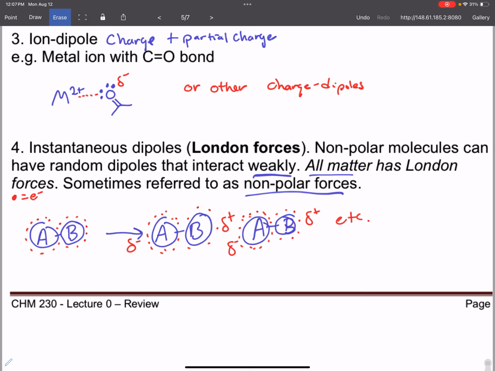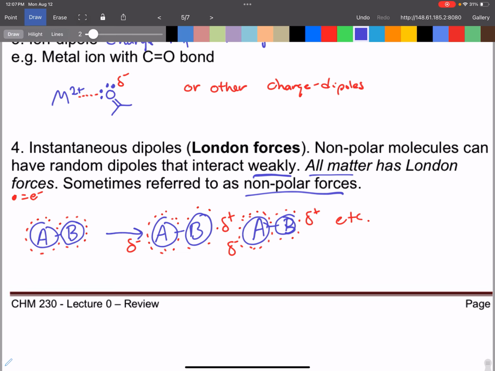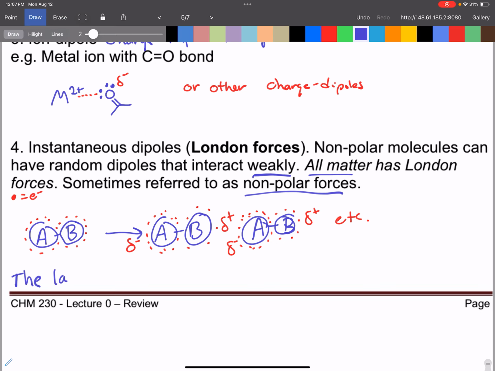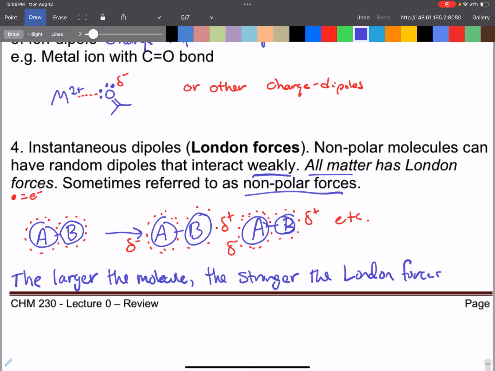So we're going to say the statement here: the larger the molecule, the stronger the London forces are. So a small molecule, A and B are the only atoms in it.